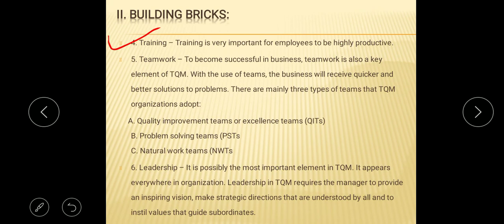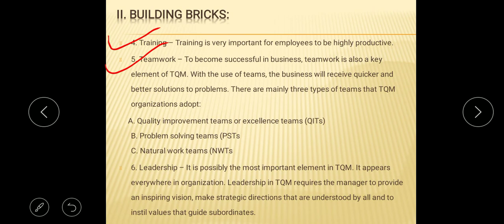During the creation and formation of TQM, employees are trained so that they can become effective employees for the company. The next one is number 5, teamwork. To become successful in business, teamwork is also a key element of TQM.